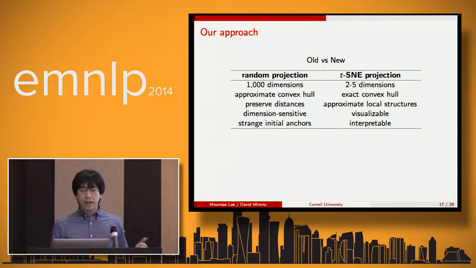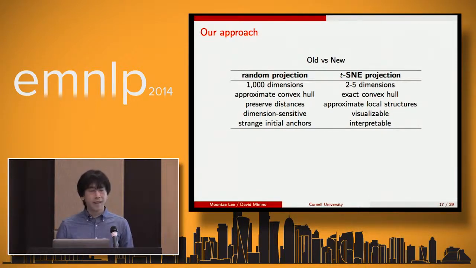So they utilize random projection, projecting everything down to 1,000 dimensions. We are going to use t-SNE projection, which is the t-distributed stochastic neighbor embedding method. And the projection dimension is extremely low, 2 to 5. They approximately find those convex hull vertices in the co-occurrence pattern.